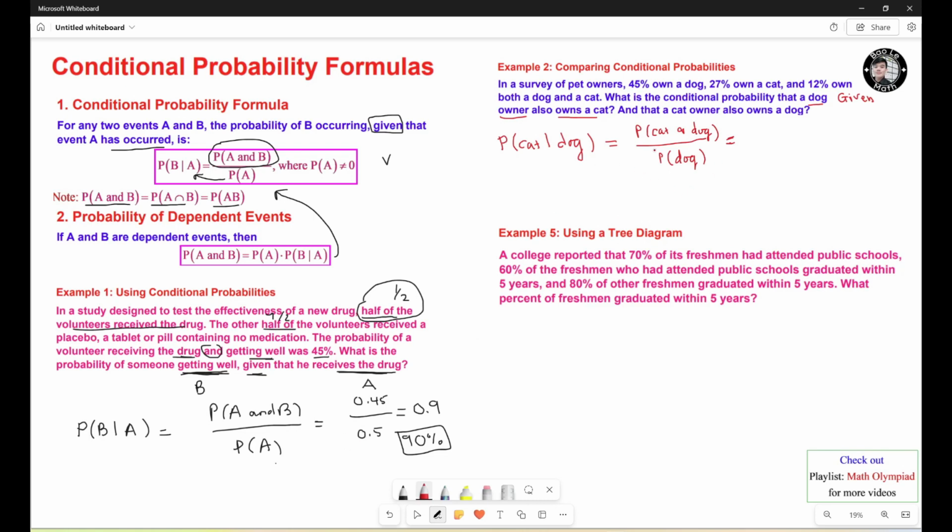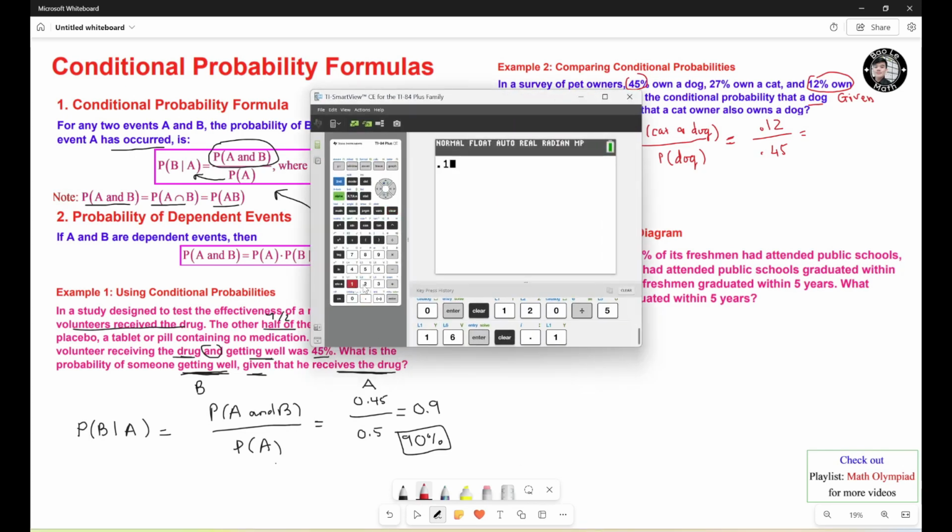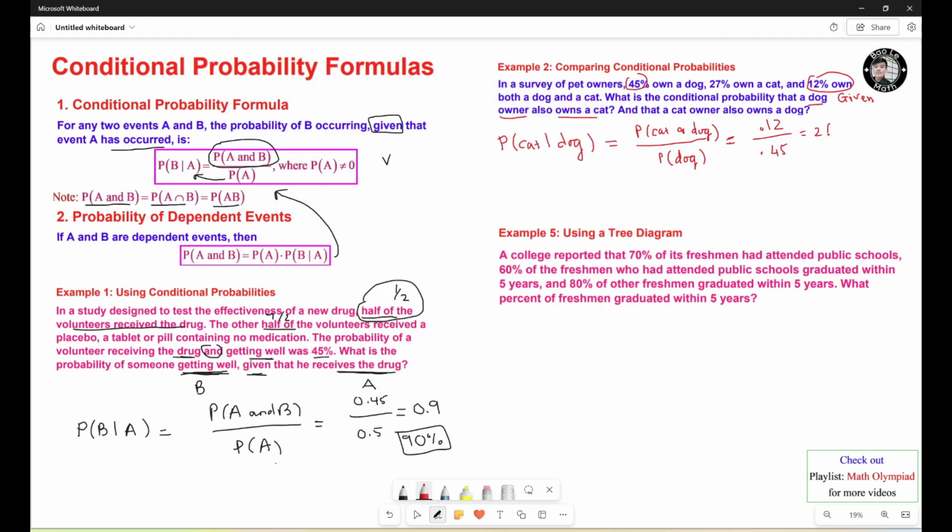Now, the probability of owning a cat and a dog is 12% right here, so it's 0.12, divided by the probability of owning a dog, which is 45%, so 0.45. Now, calculate: 0.12 divided by 0.45 is 0.267, so it's 26.7%.